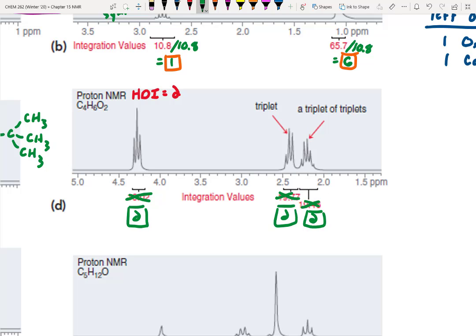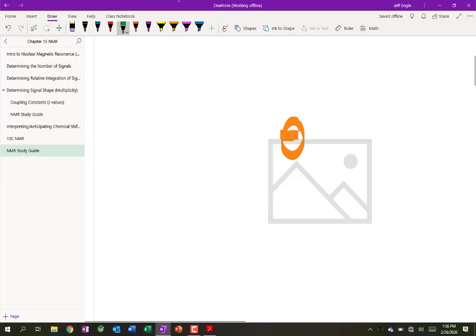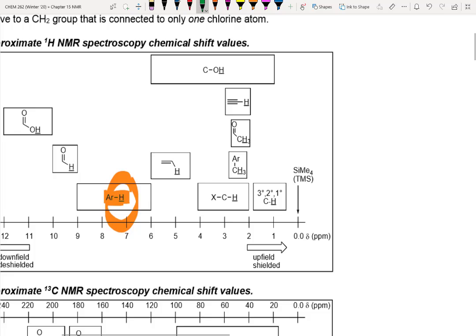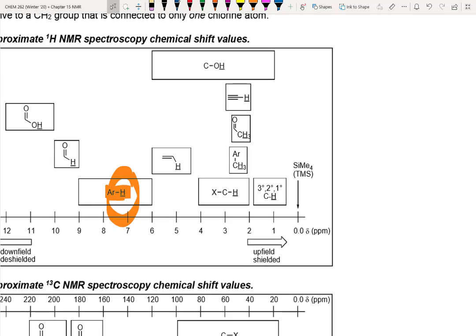All right, so now let's take a look at the chemical shifts. This one gets a little bit trickier. Over here, I'm seeing a triplet between 4 and 4.5. So let's go to our cheat sheet and try to figure out what shows up in the 4 to 4.5 region. What in the heck shows up in this region?